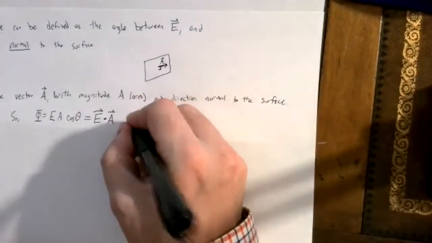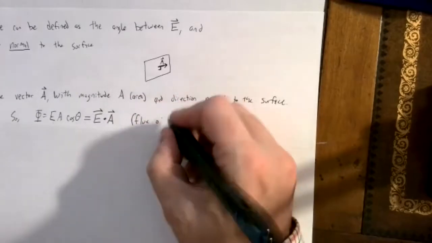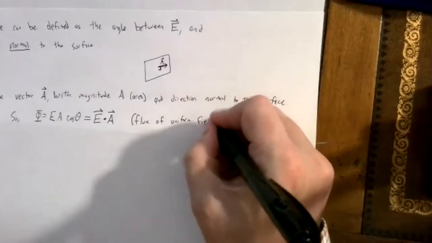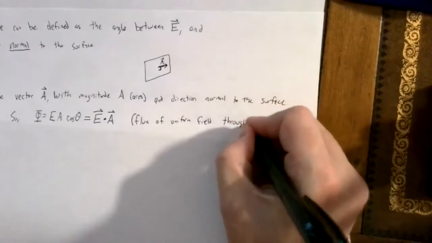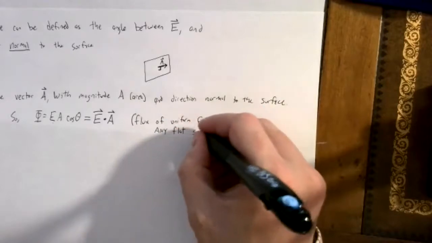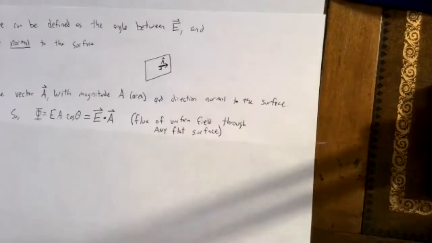So this formula is good for the flux of a uniform field through any flat surface. You can go back and check the lecture video on the dot product, and there's material from Survey and Jude on the dot product. It's a quick thing to look back up if you're rusty.